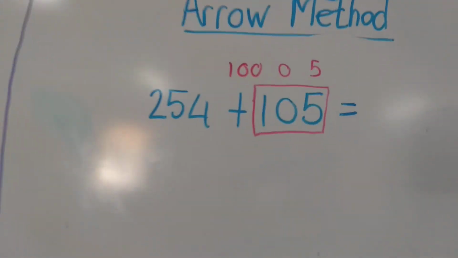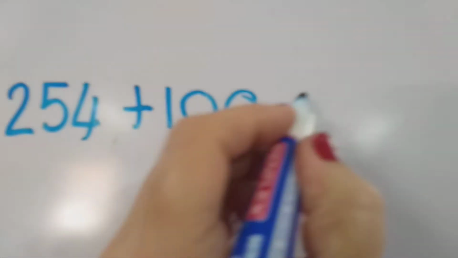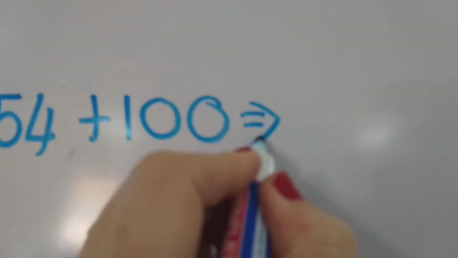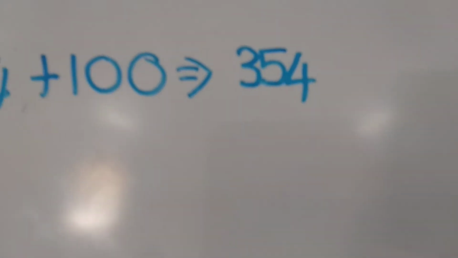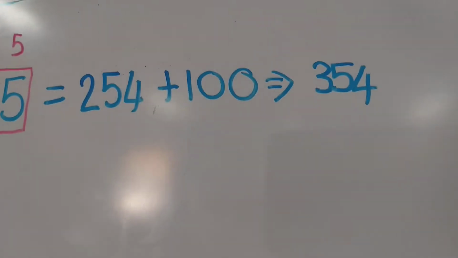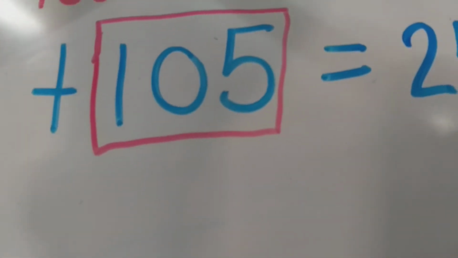So we start off with our 254. And what's the first thing we're going to add? 100s. Arrow equals, we have 354. Have we finished our sum? No. We have 0 tens. Now you can go plus 0, it's not a problem.